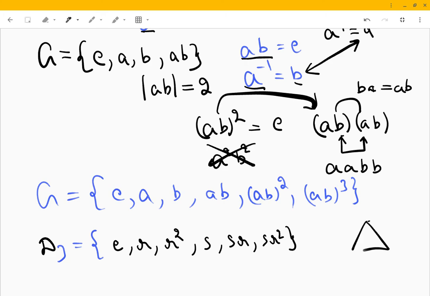D3 is the symmetry dihedral group of a triangle. So the order of these 3 is 2, and of these, the order of E is 1, the order of R is 3, and the order of R square is what? 3, I guess.